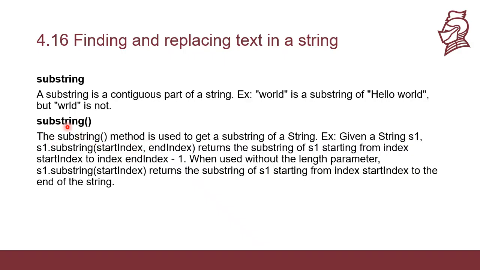Substring is also a method to get a substring of a string, right? So if I want to pluck out a substring in a string, I can do that. s1.substring, and I give it the starting index of the substring that I want to get and the end index, and it'll return that substring from the string. Okay.